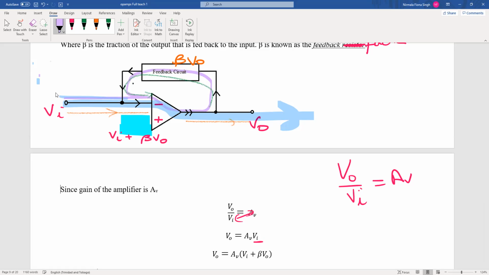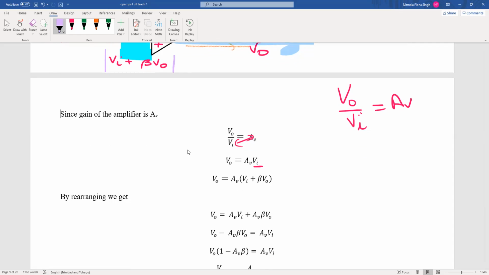So what we're going to end up getting is a different input. Our different input is going to be Vi plus beta V naught. So instead of Vi, which was our original input before our voltage was fed back, we now have a new input, and our new input is going to be Vi plus beta V naught.